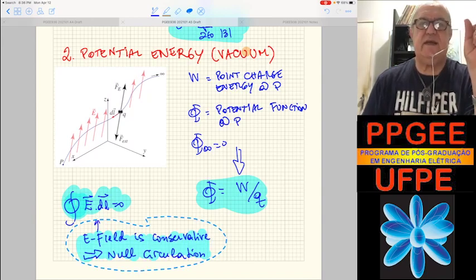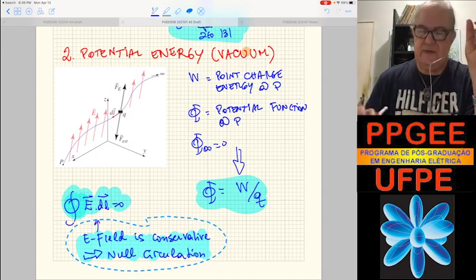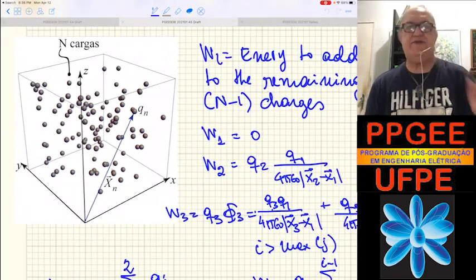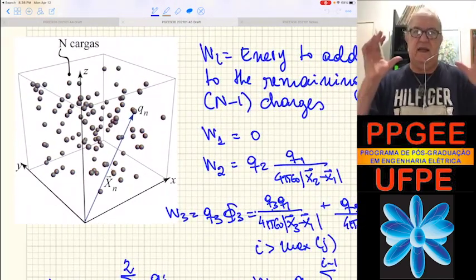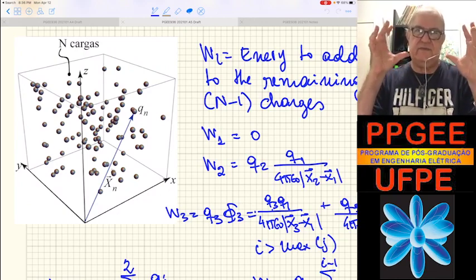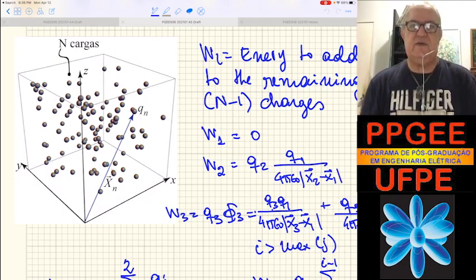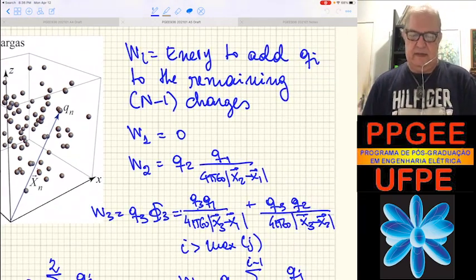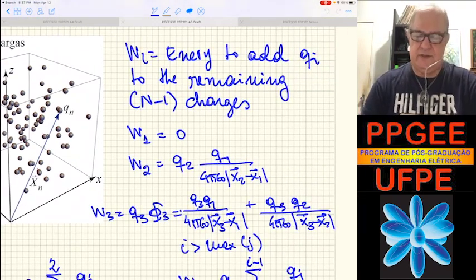So the question is, what would be the energy of putting together n charges in a system and leaving those n charges static in their final positions? The way to do this is to bring them one by one.